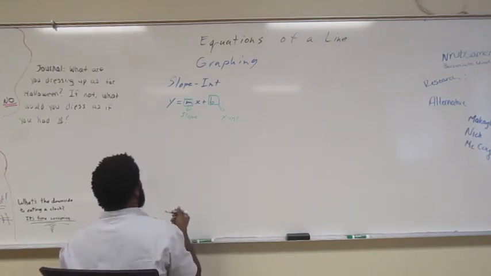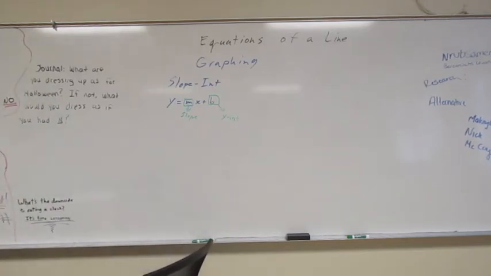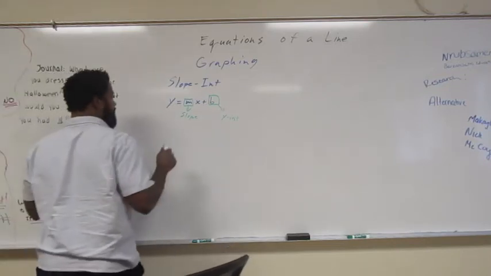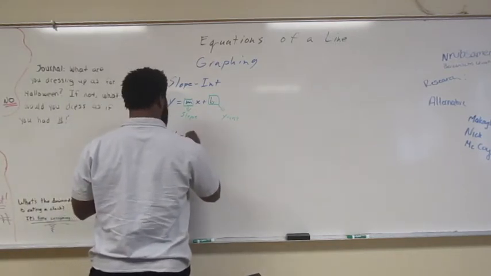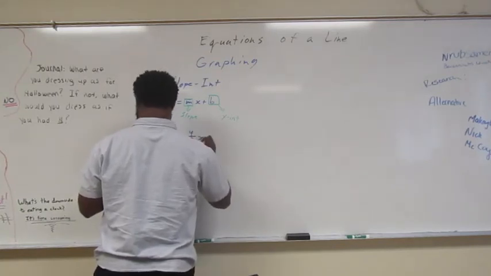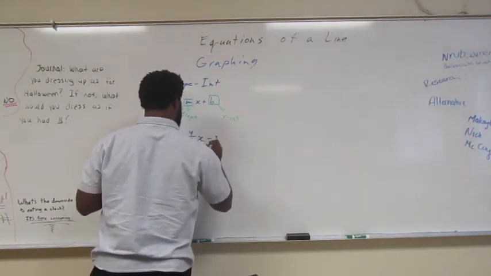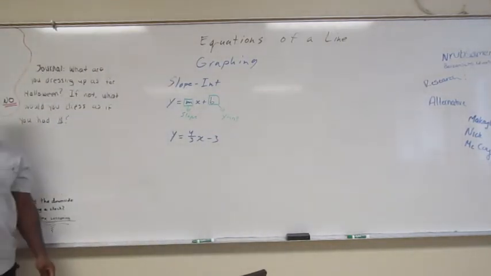Okay, so say for example, you might have y equal to 4 over 3x minus 3. And you must graph this, right?